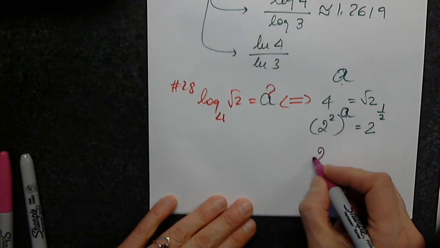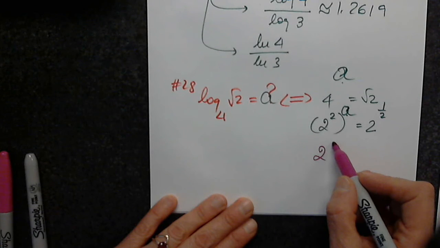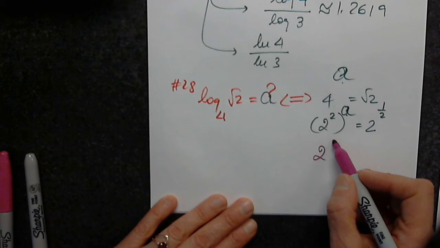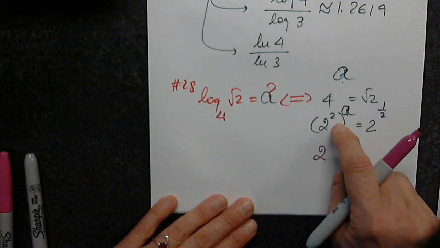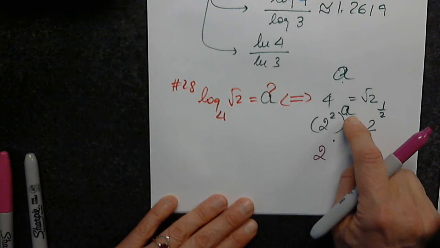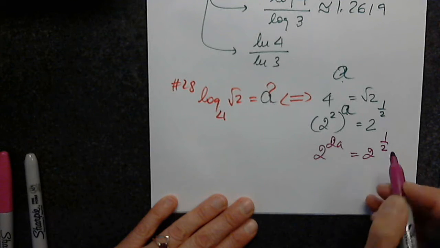So then the left-hand side is 2 raised to which power? 2. No, I'm sorry. 2 plus A. Which operation do I have to perform with 2 and A? 2A. Very good. Equals 2 to 1/2.